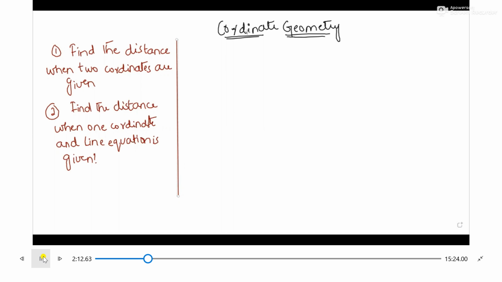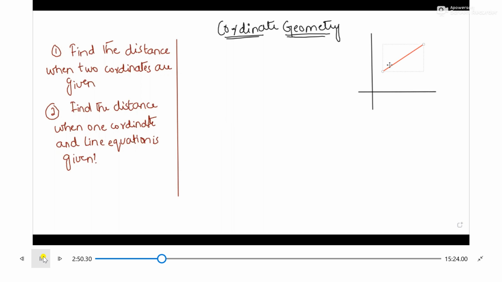First topic is that you have been provided with the two coordinates and you are asked to find out the distance between the two coordinates. Simple, if we draw a graph like this, this is the y-axis and this is the x-axis, and the line passes like this.